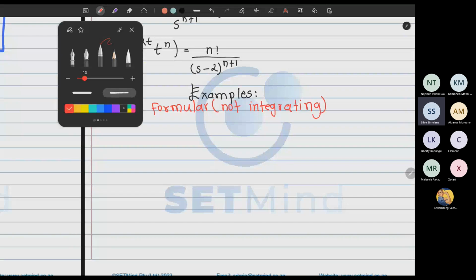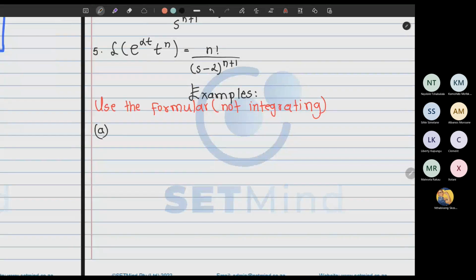So the first question is A. So we are to find the Laplace transform of the following.